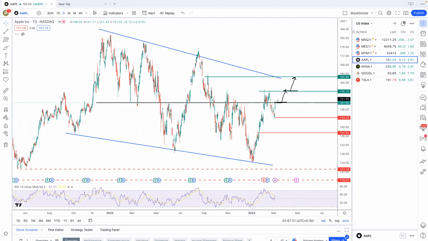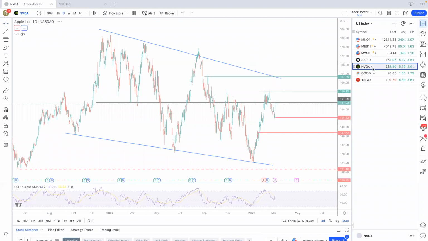If Apple doesn't stay above 151 and starts going down, then the first target is 144 and the second target is 137. So overall, looking at all three indexes and some of the stocks, I think market wants to go upside from here.